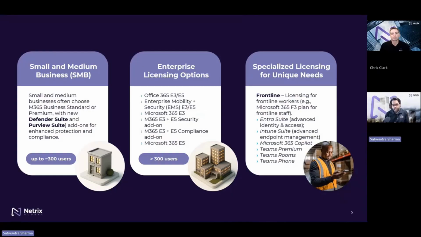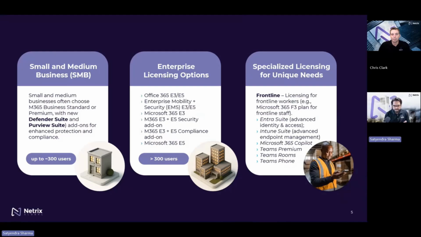Then we have what we call specialized licenses, and these are more geared towards the use cases or the workforce. One of the common ones that you may have come across is frontline licensing. These are F licenses, right? So there's F3, F1, F5. Different categories, again, for different needs and requirements.